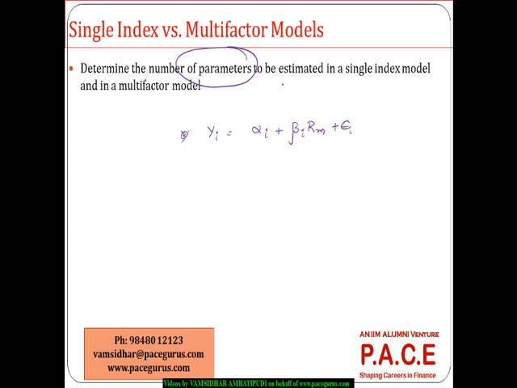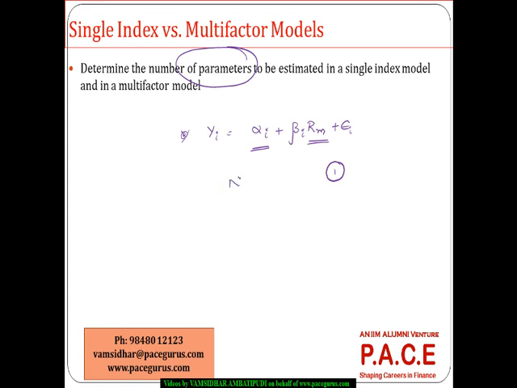So what we are typically seeing is I need a return on the market, which is one parameter that I need to find out, and I need to estimate the different values of alpha i.